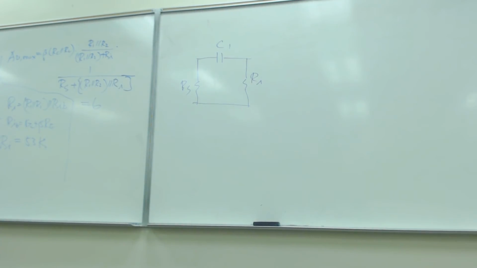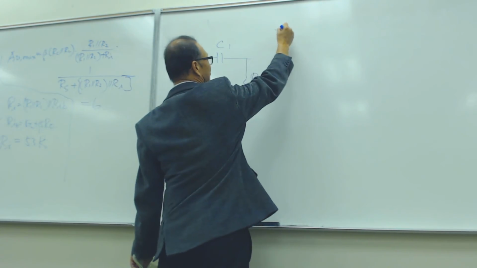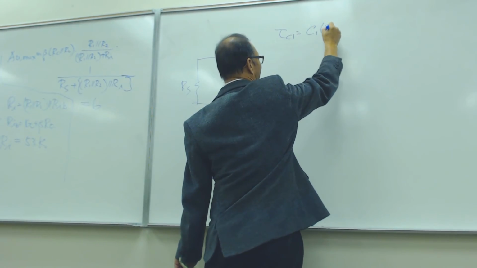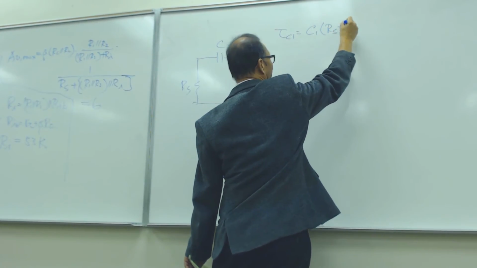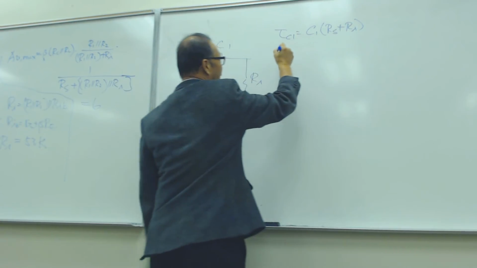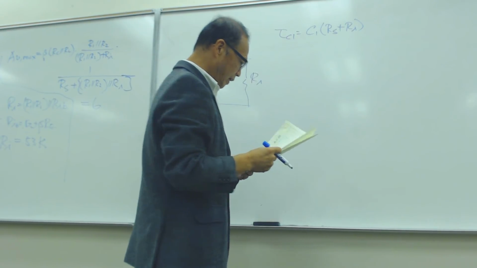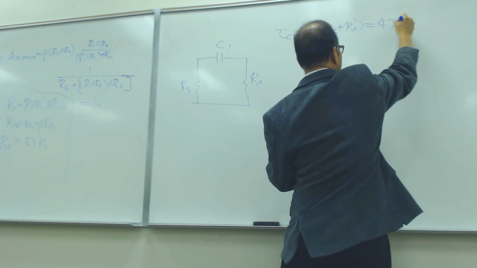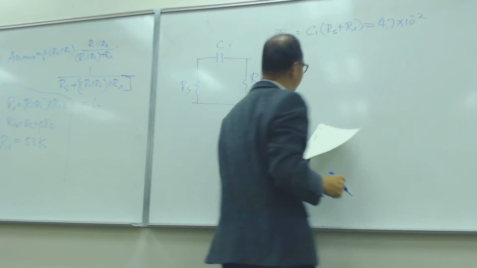So tau associated with C1 is C1 times R sub S plus R sub I. The value for that is 4.7 times 10 to the minus 2.